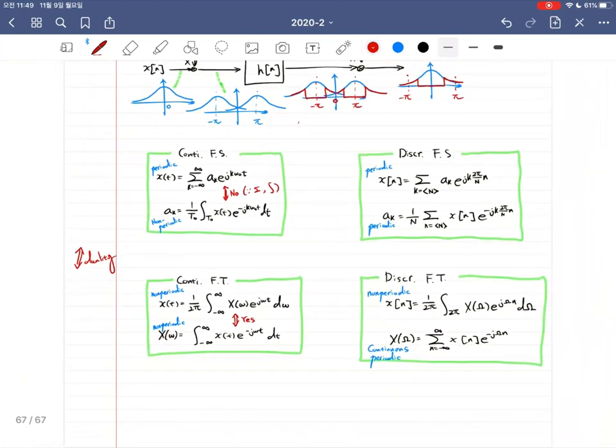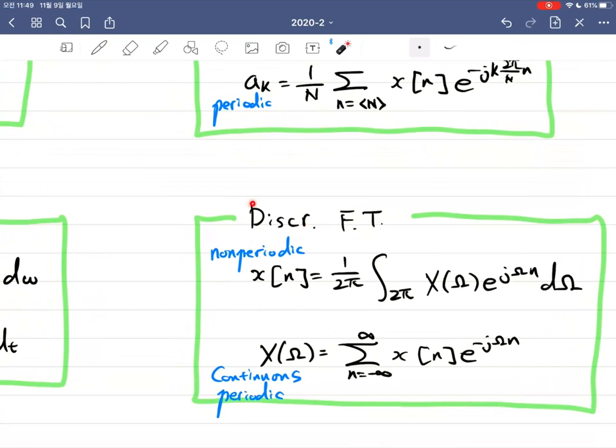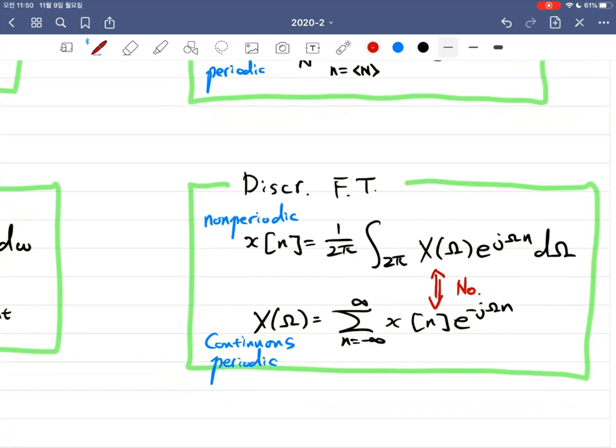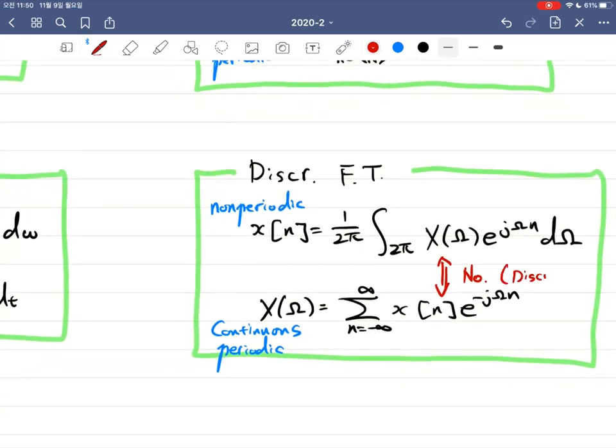Also, I can say for the discrete time Fourier transform, this x[n] is in discrete time space and this X(omega) is in continuous space. Therefore, these two cannot be in the duality form because of the difference in the time space. One is in discrete time and one is in continuous time.